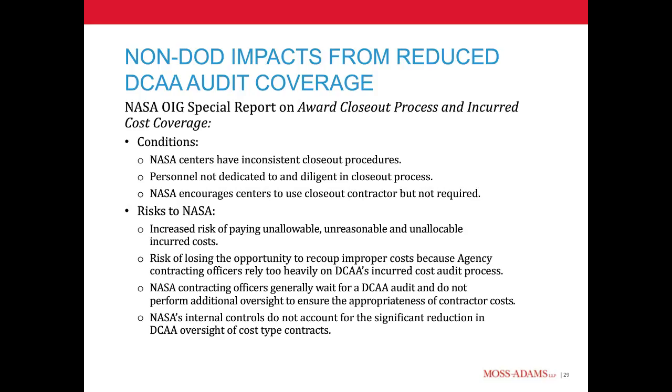So this report was done before the NDAA change, when DCAA could have and was doing some incurred cost audits for NASA. So now it's a different situation than mentioned in that report, because DCAA is precluded from being able to do those audits for NASA at this point.